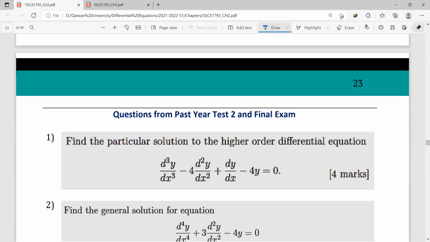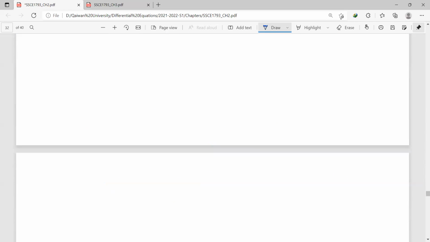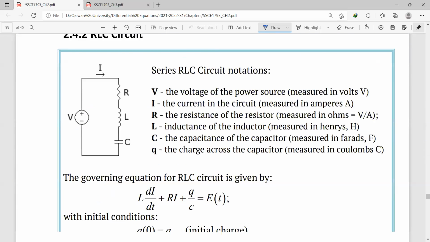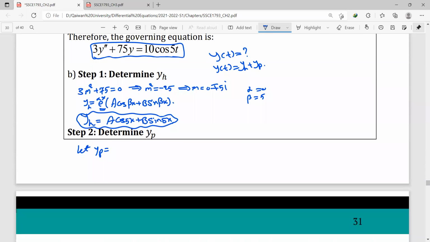That means for finding the particular solution for that example, we let yp be, with r equal to 0.